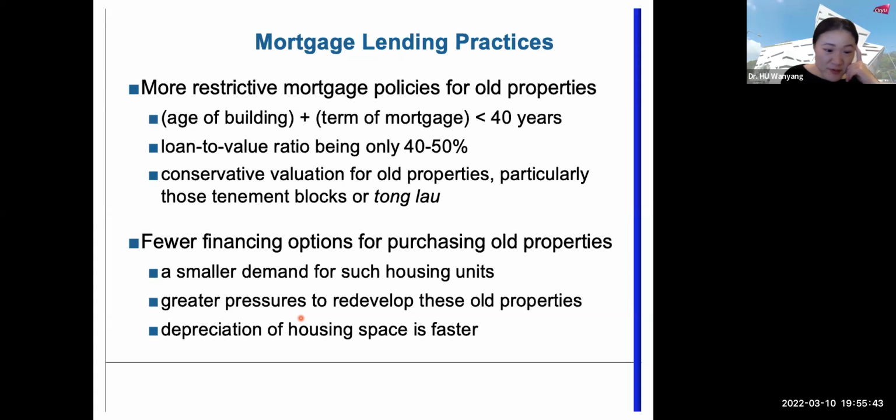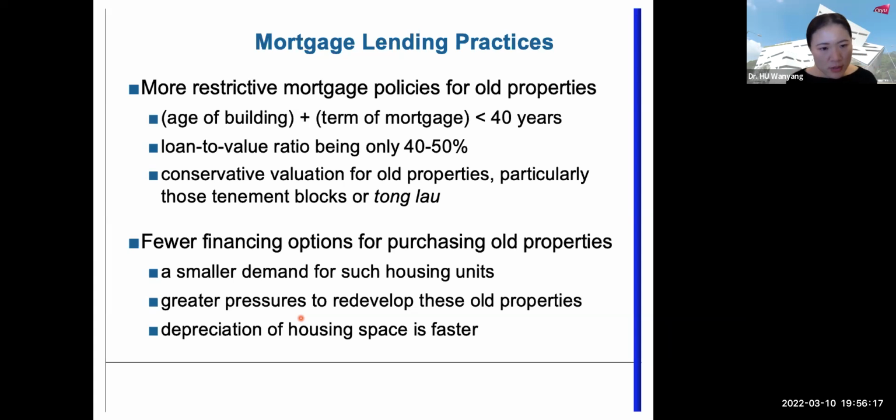Okay, 40 to 50%. Actually, this is a very restrictive mortgage policy. And when they do the valuation of those old properties, they tend to take a very conservative approach, meaning that these buildings tend to be undervalued, especially those tenement blocks, or those we call the tang lou.